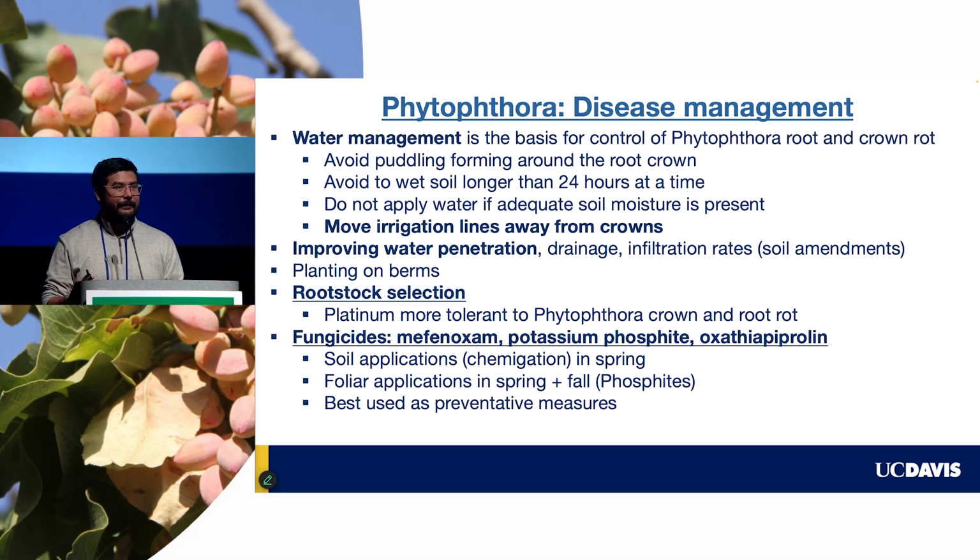The general comment that we give is that soil applications and chemigation applications should be made in the spring when you have those root flushes going on, which increases the chance of those products being taken up into the crown area. And then, of course, foliar applications in the spring with the phosphites. And like many fungicide products, they're best used as a preventative measure rather than a curative measure.